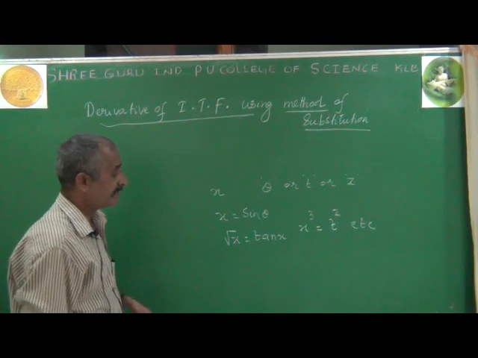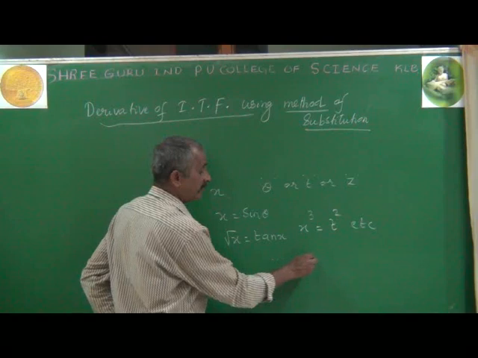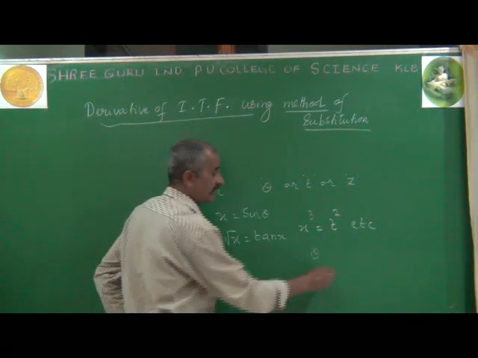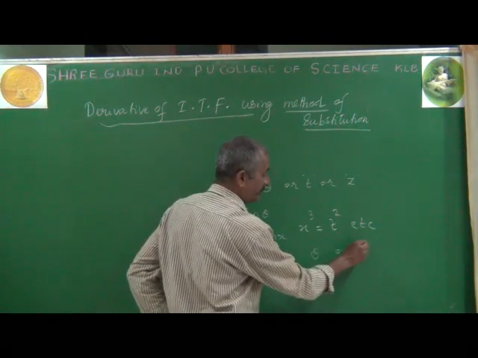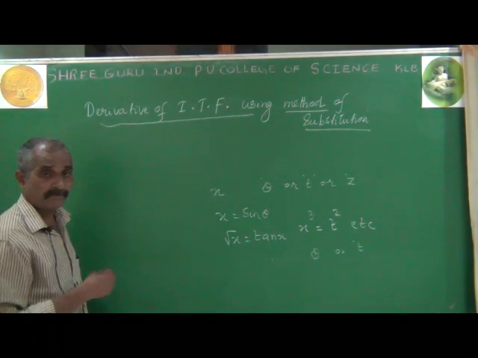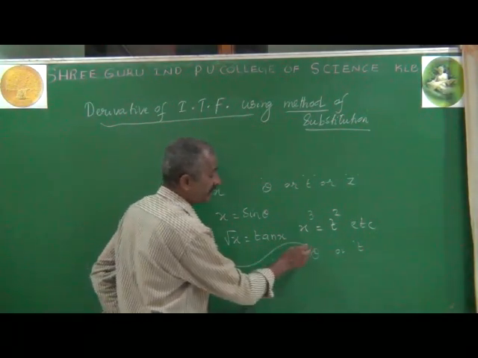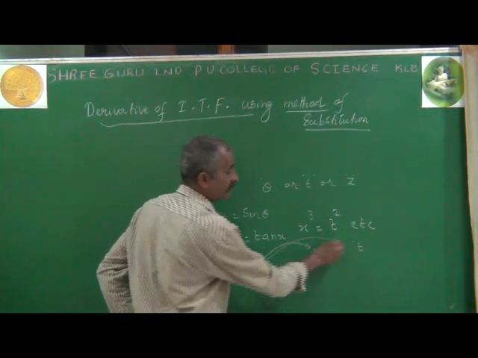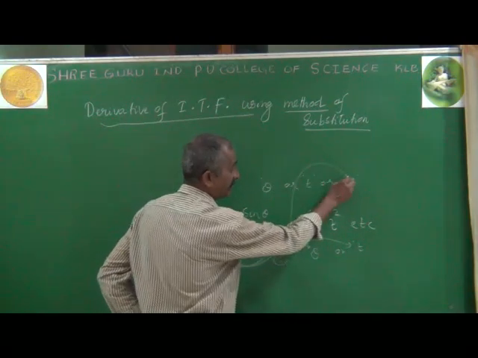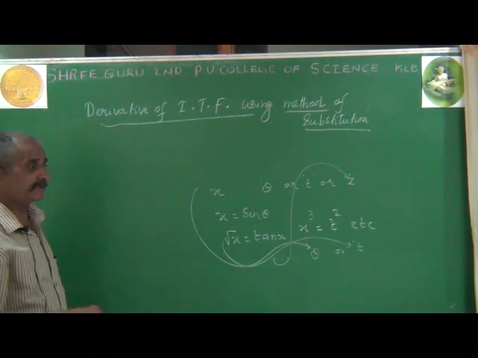After simplification, the result we get will definitely be either in terms of theta or in terms of t, or in terms of z, whichever variable is set, that depends on the particular person.